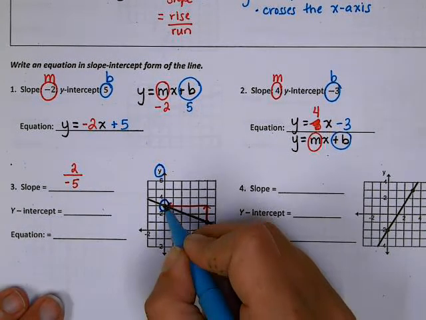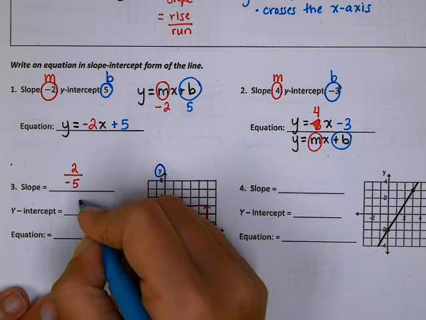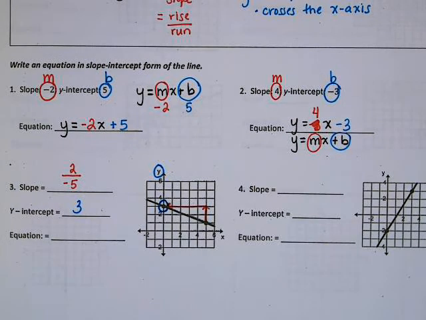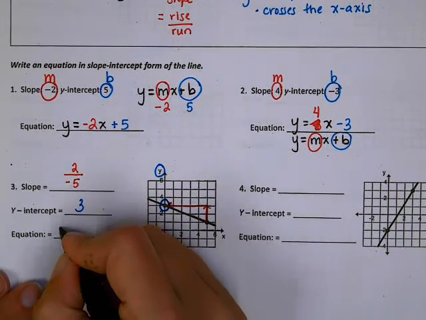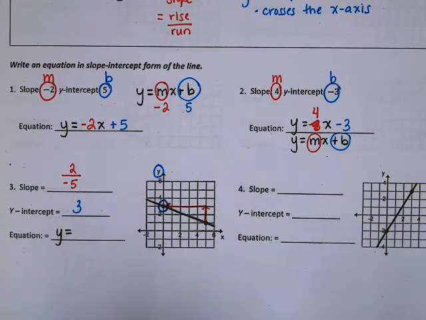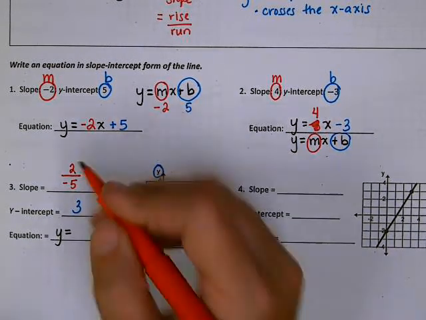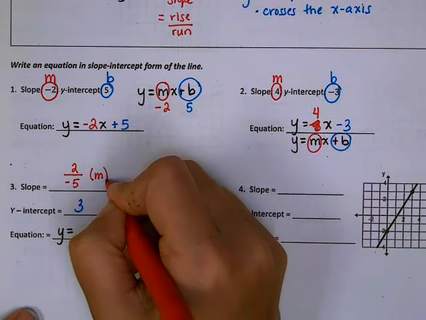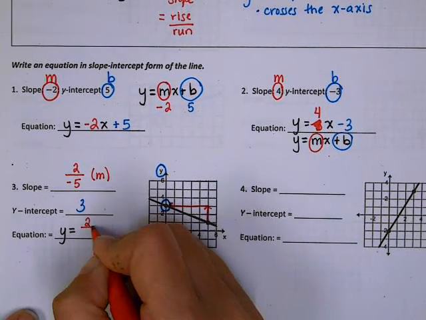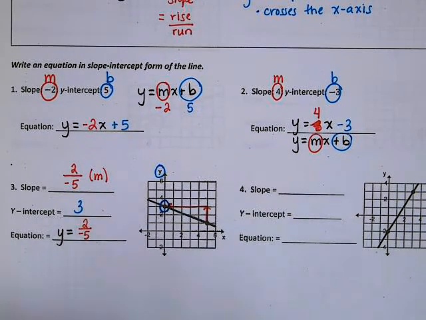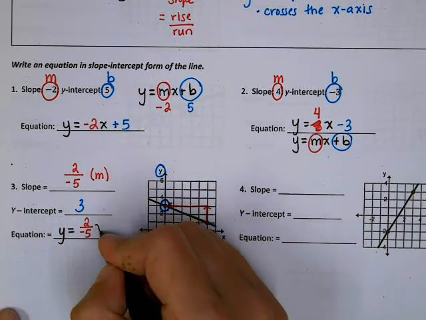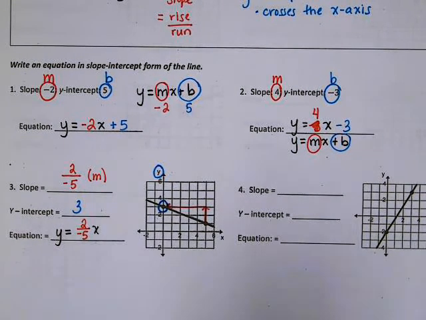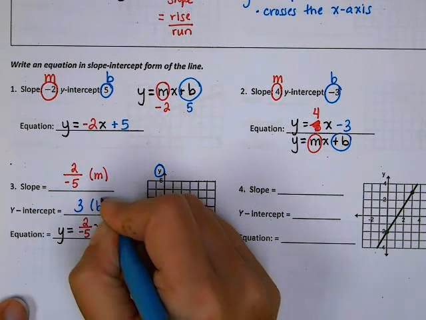So that would be at the value 1, 2, 3. Finally, my equation would be y equals m, which is your slope, so 2 over negative 5, x plus b, which is your y-intercept.